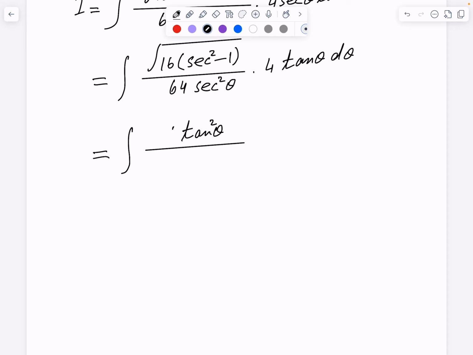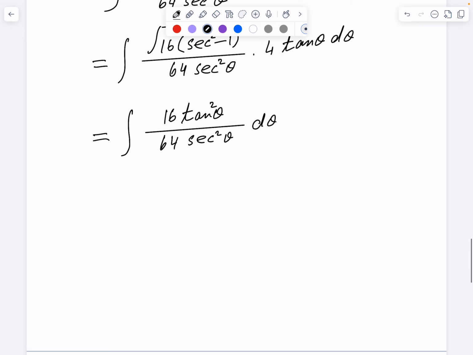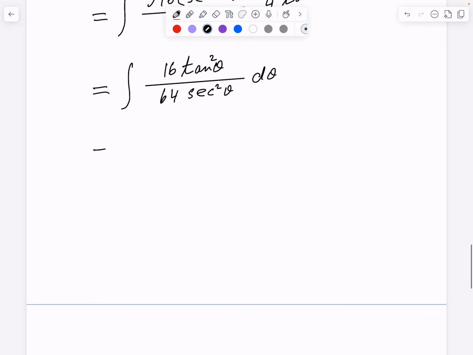Therefore, we're going to have 16 tan squared divided by 64 secant squared theta d theta. Okay, 16 divided by 64 is just 1/4.